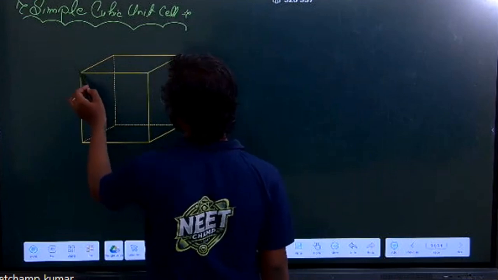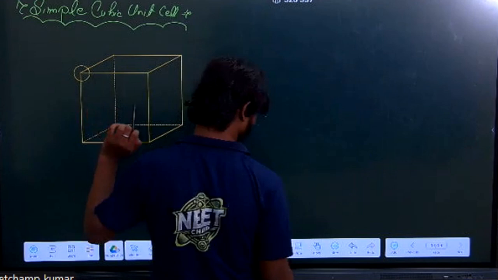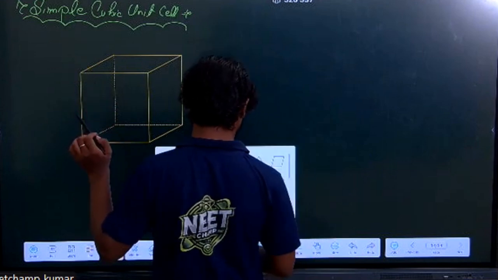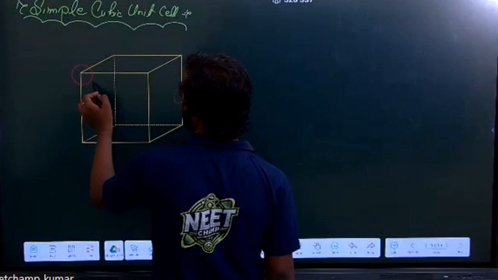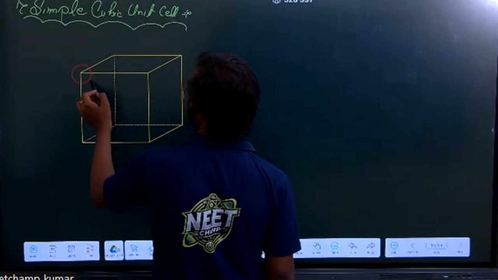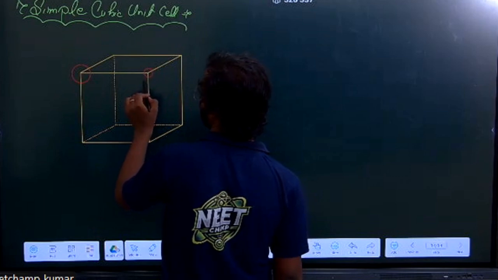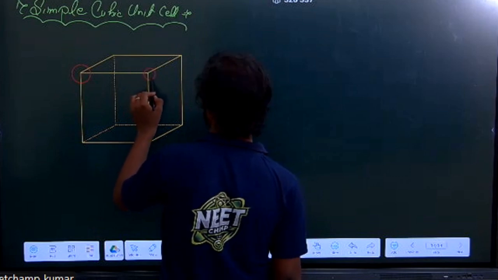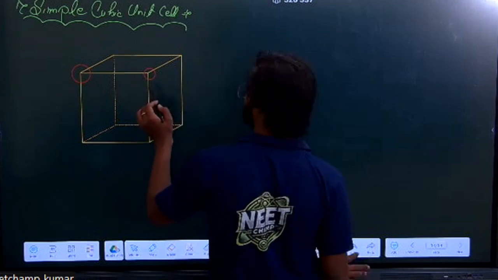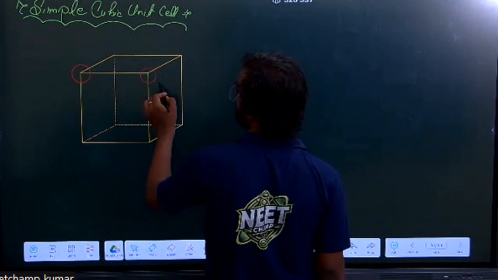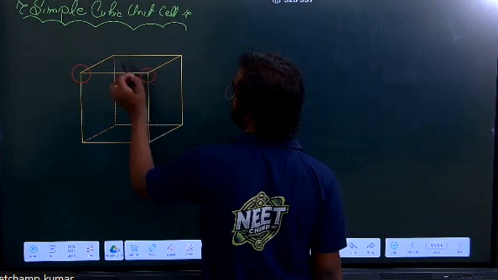Basically, it will have atoms at its corners. This is one atom. This is another atom.